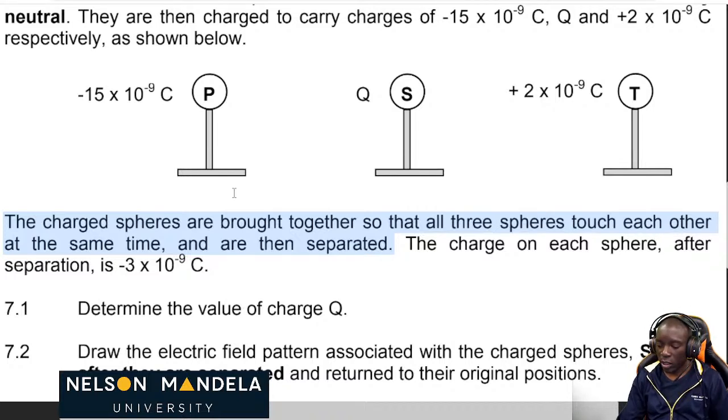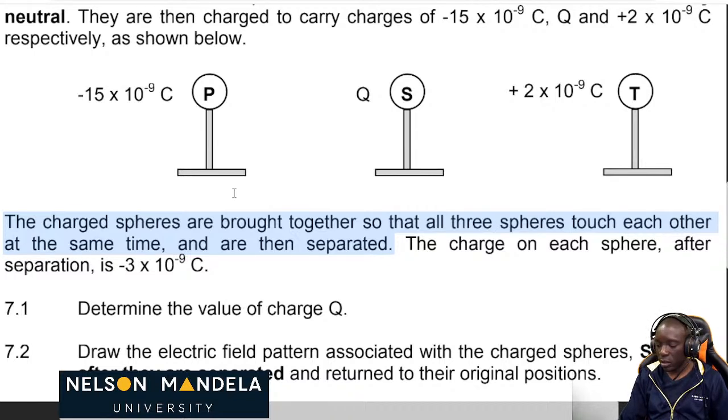So we initially have P with a charge of negative 15 times 10 to the minus 9. Sphere S, the charge is only Q. We don't know whether it's positive or negative.